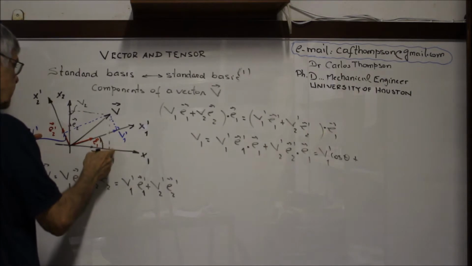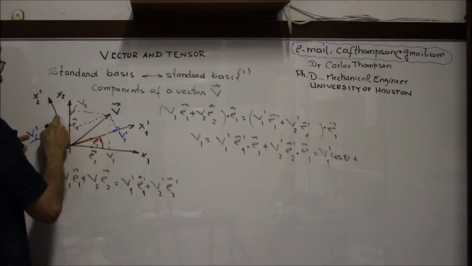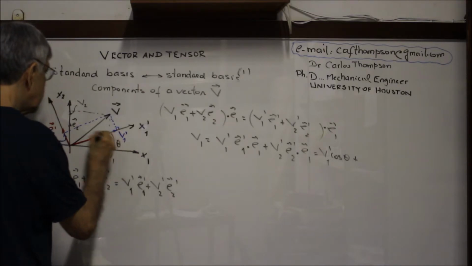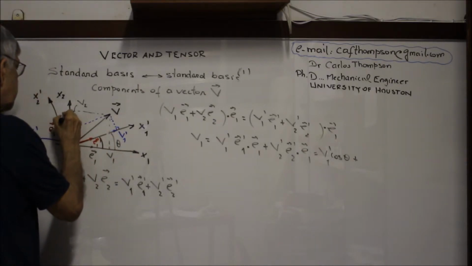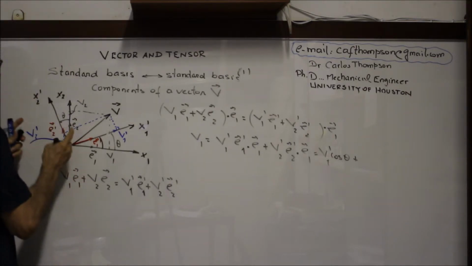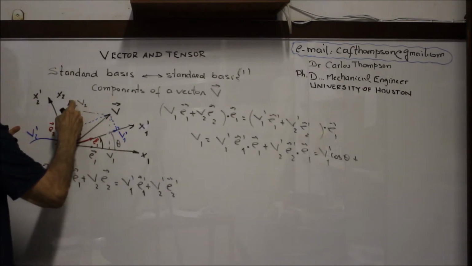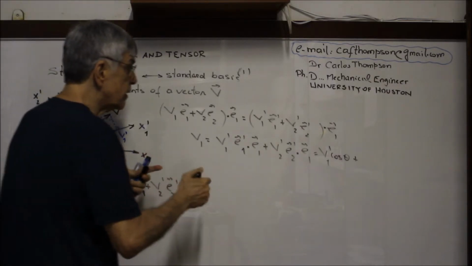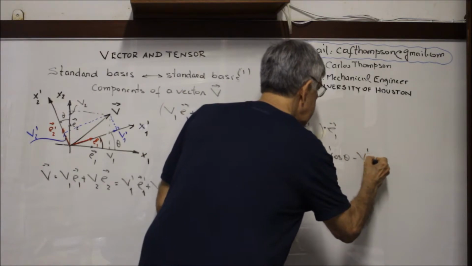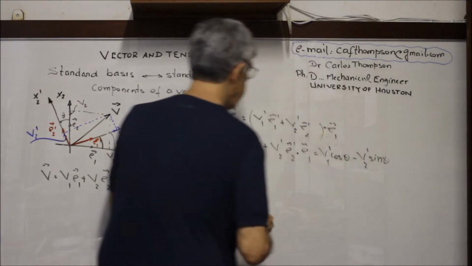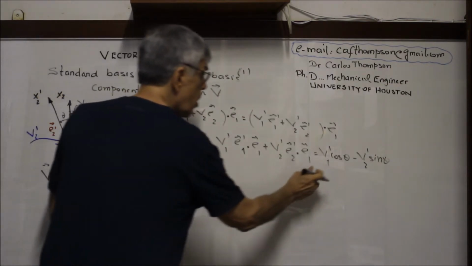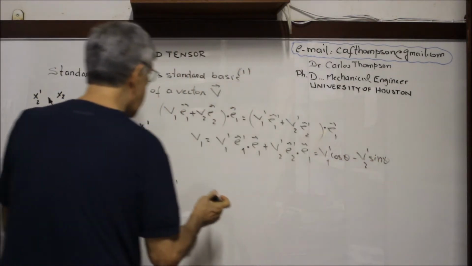So this is 90 degrees plus theta, because this angle here is theta, and this angle here is theta. Now, cosine of 90 degrees plus theta is minus sine theta. So this will be minus V2 prime sine theta. Now, this is V1 in terms of V1 prime and V2 prime.